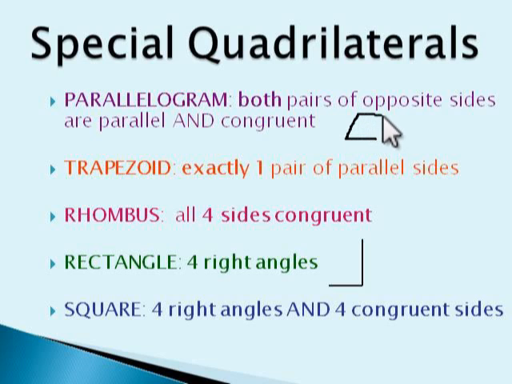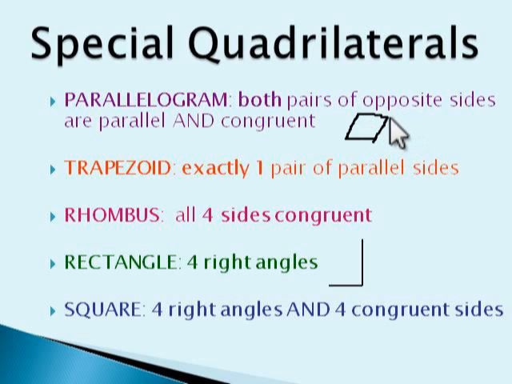Doesn't have to be drawn like this, but you have one pair of opposite sides that are parallel and you have another pair of opposite sides that are parallel. And they are the same size as well. These two sides are parallel and the same size, and these two sides are parallel and the same size.